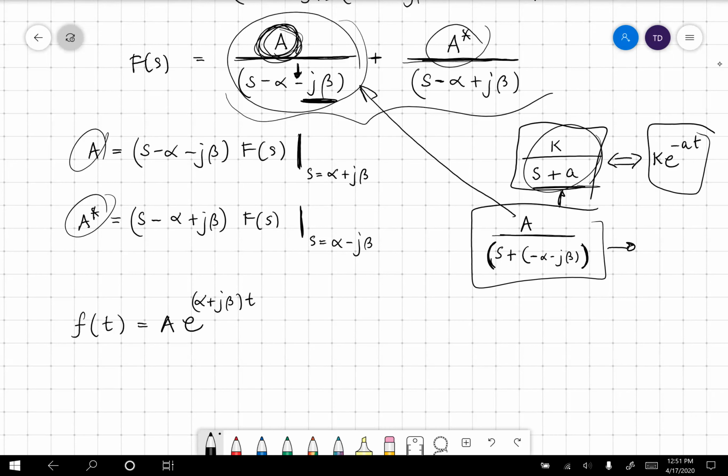Now, we can factor that. In fact, let's go ahead and do that. So it's going to be s plus 1, s plus 1 plus j, and s plus 1 minus j.